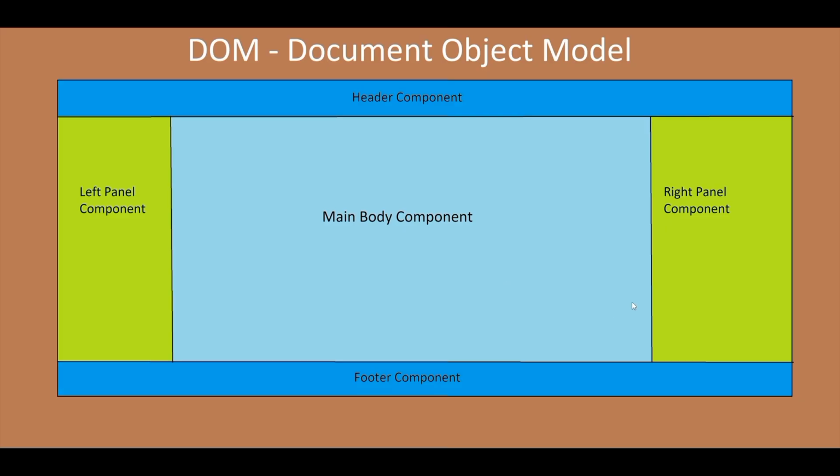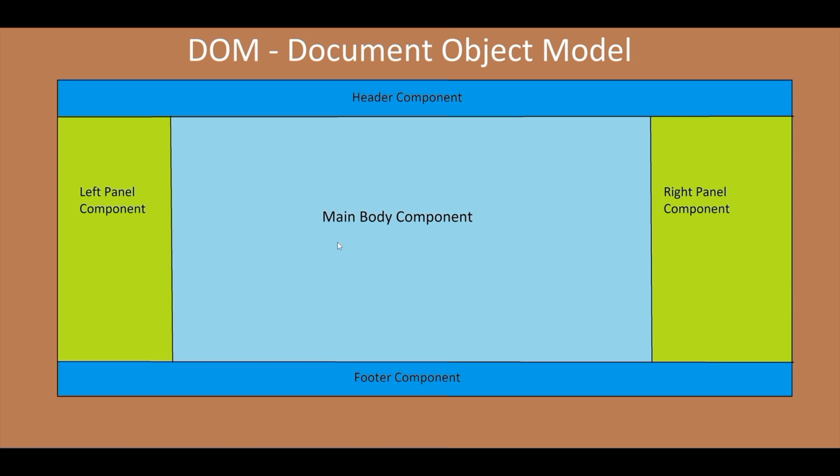Here you can see this color is the document object model. This is the DOM, your complete HTML page, right? Now in your application, suppose you have some header, footer, left panel, right panel, and the main body component, the section where your data is basically changing.